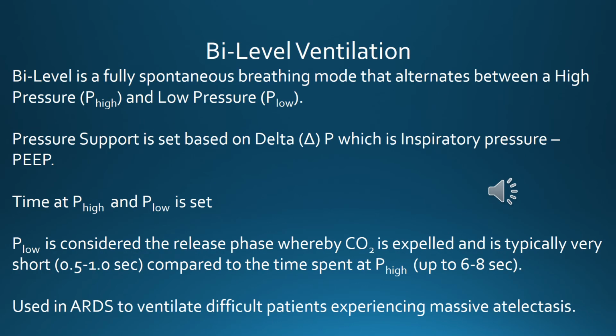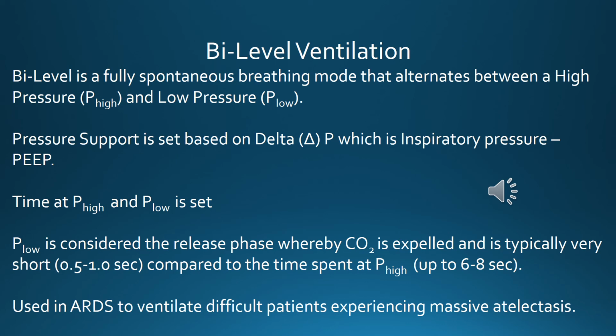Okay, different from BiPAP is bi-level ventilation. Going back to that Puritan Bennett 840 ventilator, bi-level is two pressures set on an intubated patient, just like BiPAP. It's a fully spontaneous breathing mode.